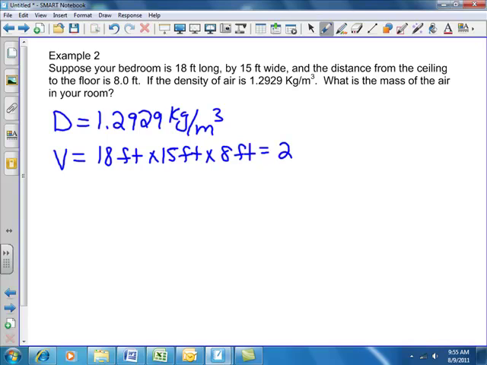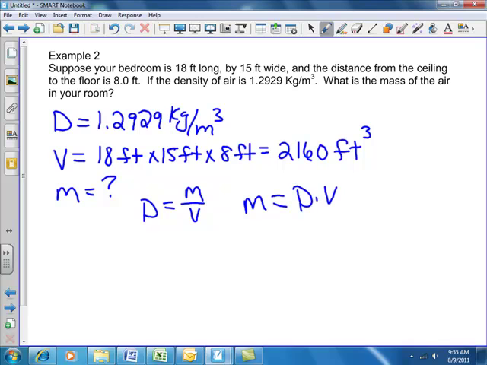is 2,160 feet cubed. Then what I'm looking for is the mass. My density equation is mass divided by volume, so mass is density times volume.